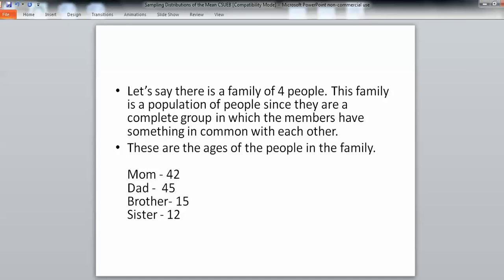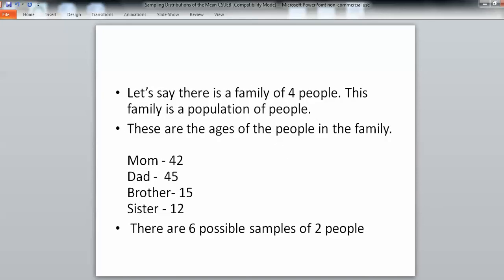Let's say that these are the ages of the 4 people in the family. There's a mom, a dad, a brother, and a sister. Each member of the population has their own data value, which is their own age. Now, what if I was interested in the ages of the people in this family, but for some reason I didn't have enough time to record the ages of all 4 people?